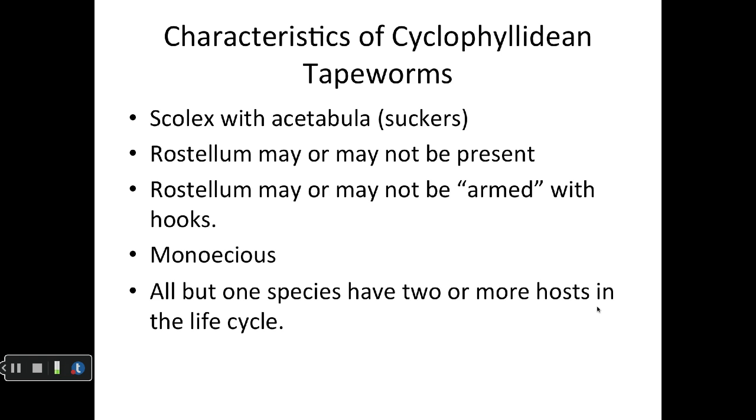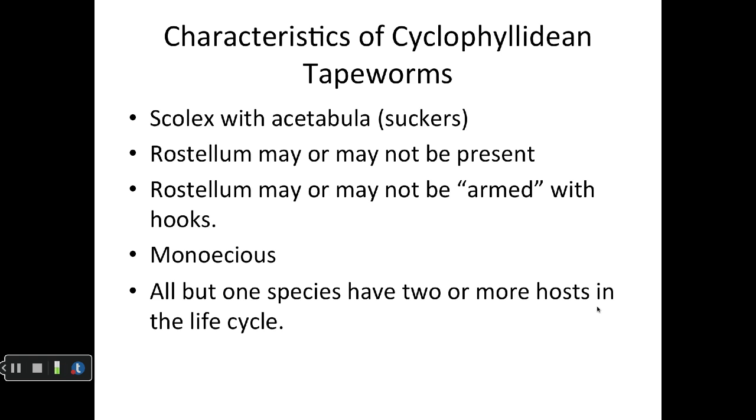The rostellum, which is the prominent extension of the scolex, can be present or not present, and it may be armed with hooks or not armed, and that's typically referred to as an armed rostellum if the hooks are present. The members of this group are all monoecious, which means that both male and female reproductive structures are found in the individual worm, and in fact in each individual proglottid.